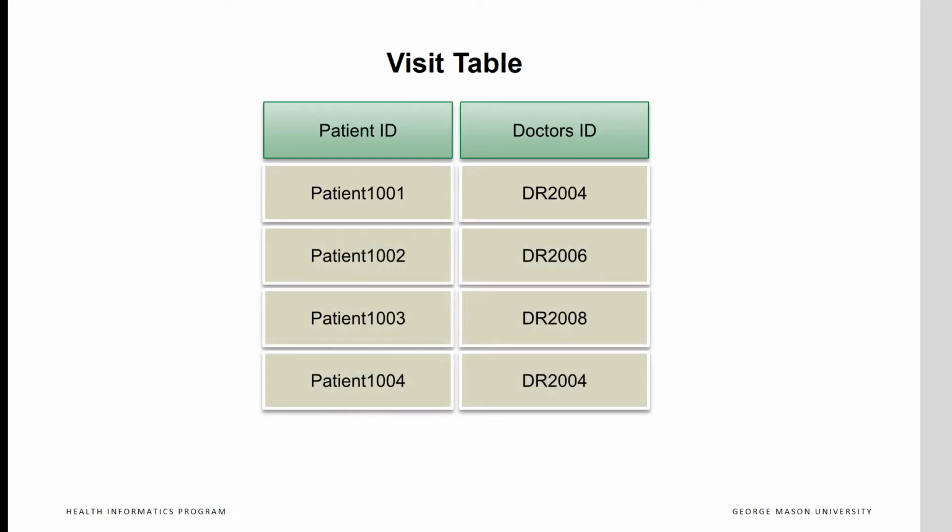In subsequent rows, we show who various patients are seeing. Here, for example, we show that patient 1004 is also seen by Dr. 2004. You can go ahead and add as many visits as you want to the visit table. It often grows to thousands or millions of visits.